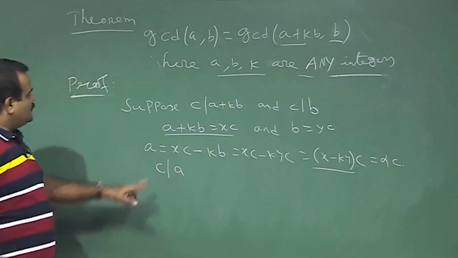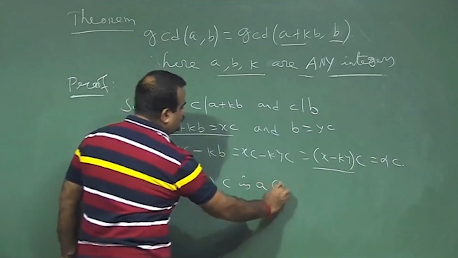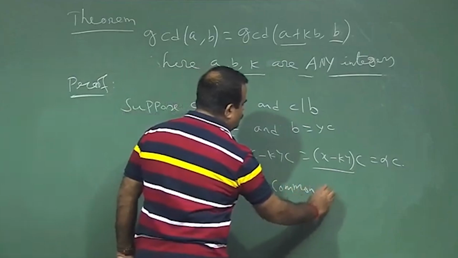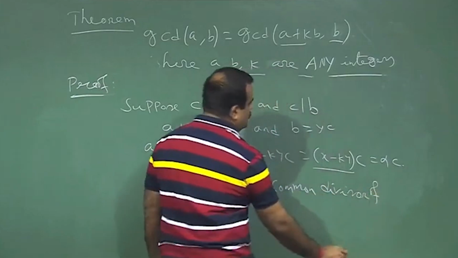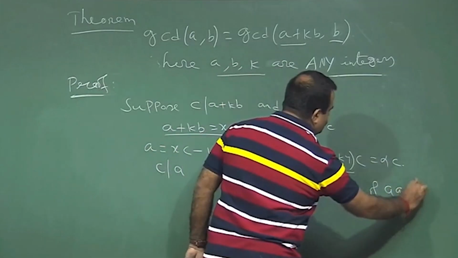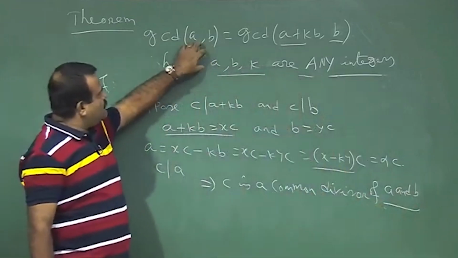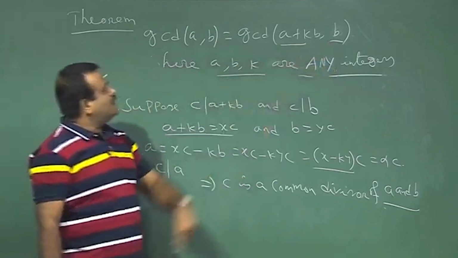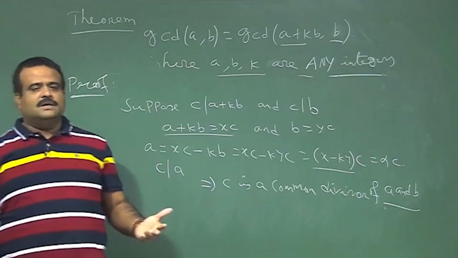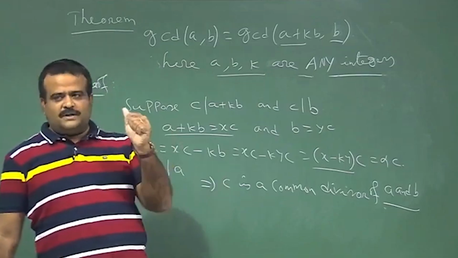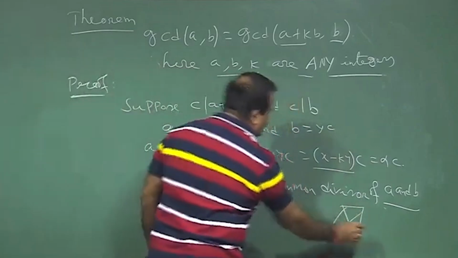So C is a common divisor of A and B. That means the set of common divisors of A, B is the same as the set of common divisors of A plus KB, B. So the greatest common divisor must be the same. So this is the proof of this theorem.